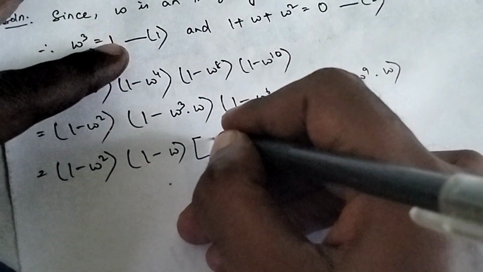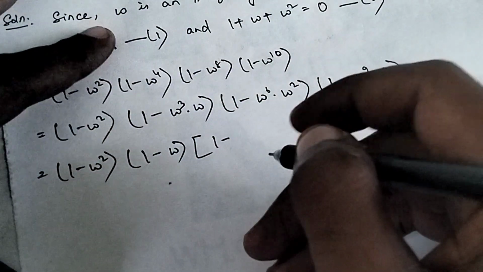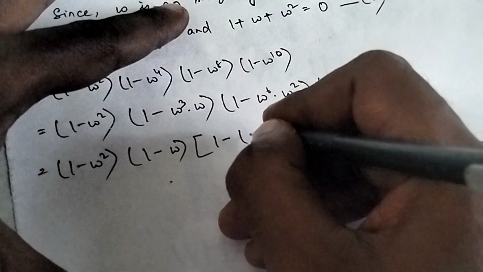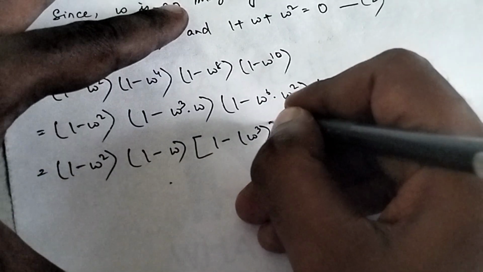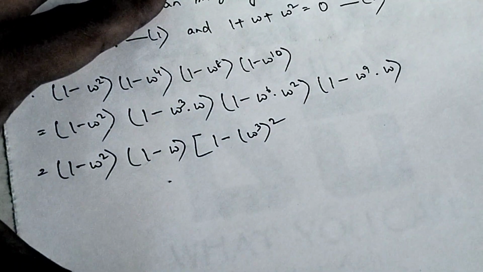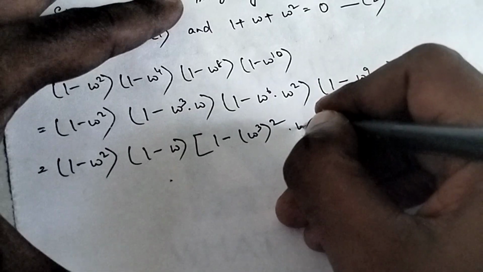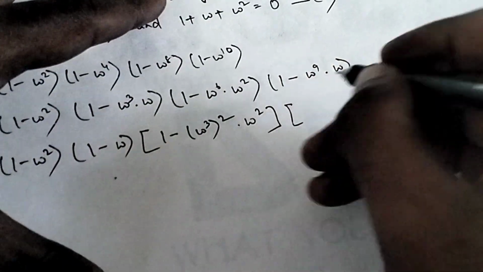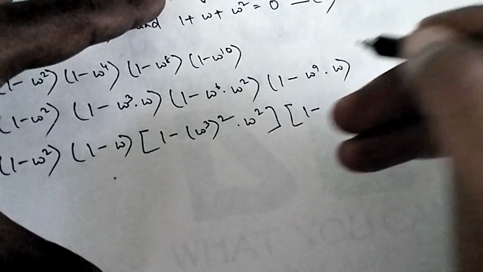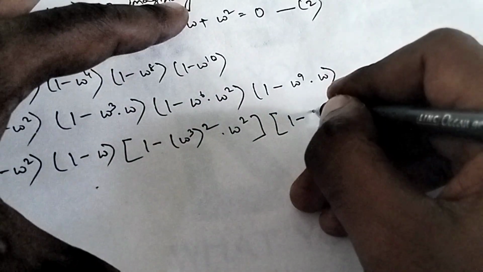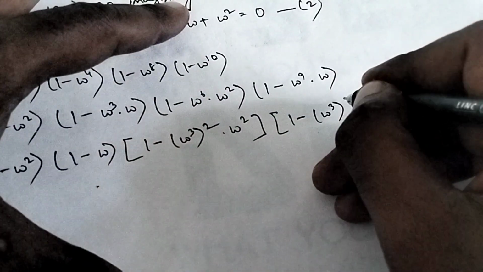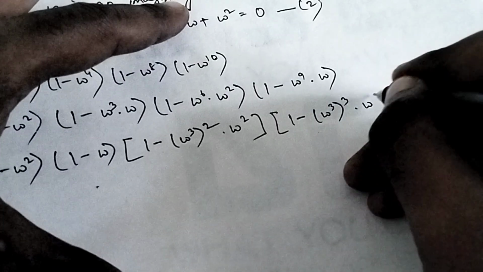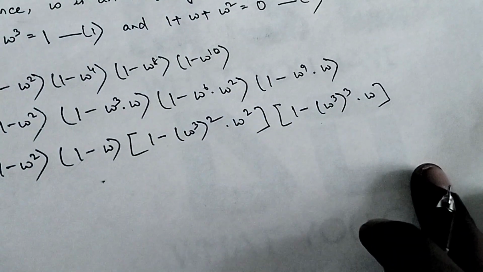Now 1 minus omega to the power 6 can be written as omega cube whole square into omega square, and 1 minus omega to the power 9 can be written as omega cube whole to the power 3 into omega, right?